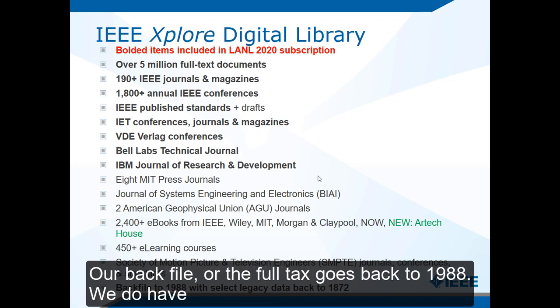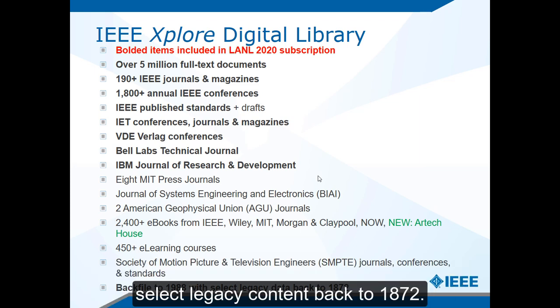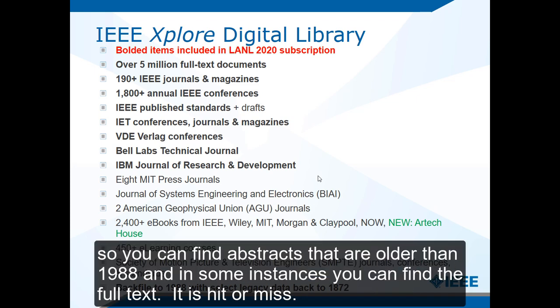Now our back file, or the full text, goes back to 1988. We do have select legacy content back to 1872. So you can find abstracts that are older than 1988, and in some instances you can find the full text. It is just sort of hit or miss.